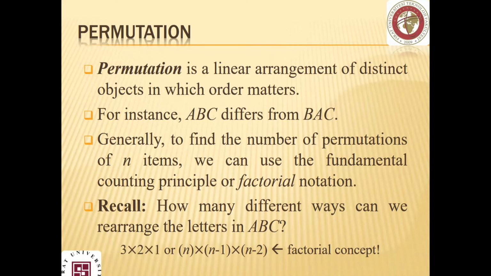Order matters means what? Let's say, we usually give this example, which is the simplest. When we say ABC, it's not the same as BAC. Order matters. So ABC is not BAC, or 1, 2, 3 is not like 3, 2, 1.